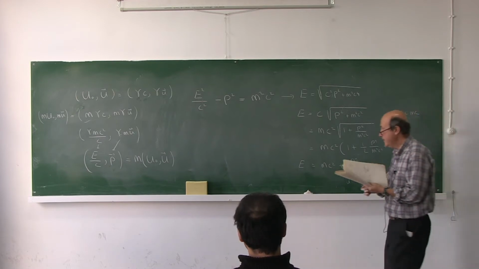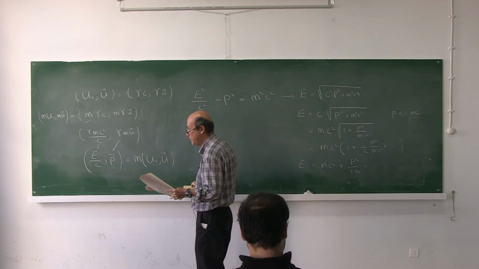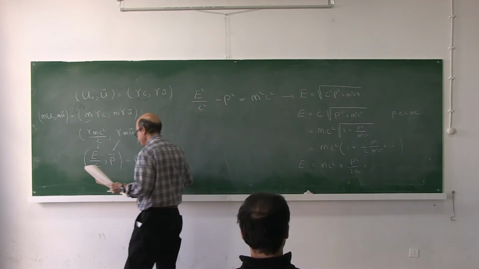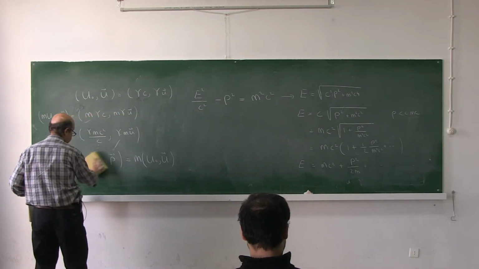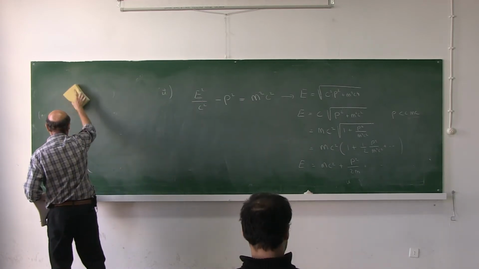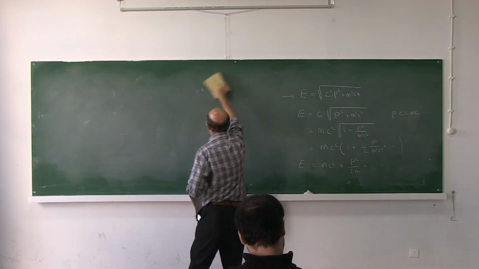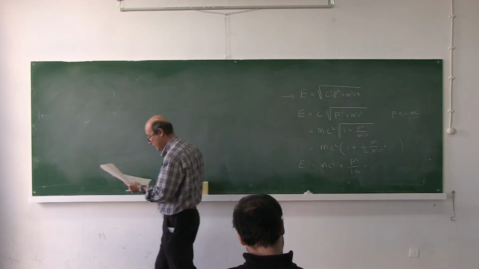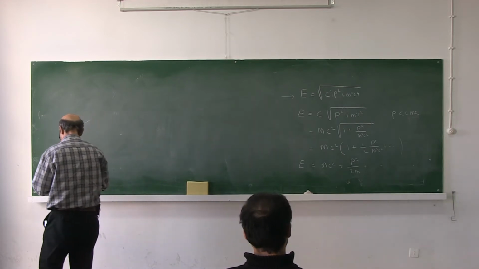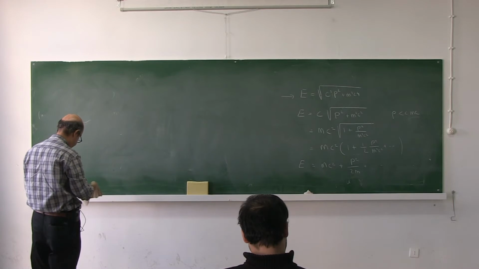Now we will investigate the Lorentz transformations and Lorentz groups, some of the mathematical properties. So let me start, and then I can give a break. So mathematical properties of space and time.